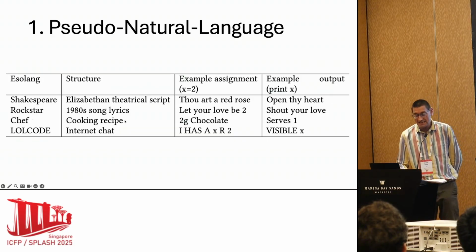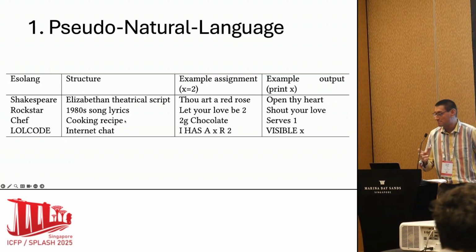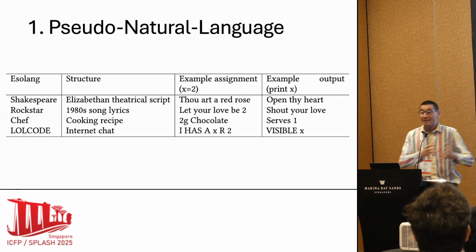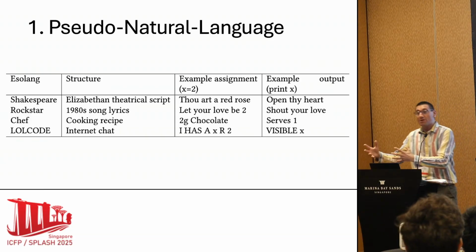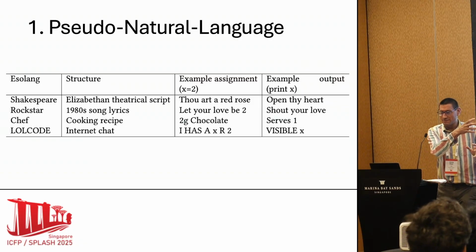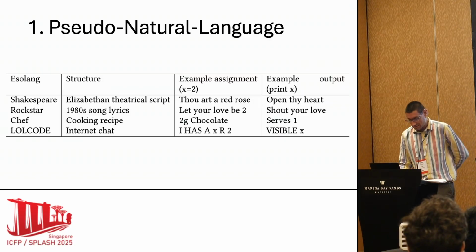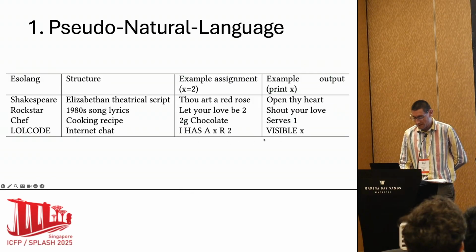And indeed, it's possible to write a program that can be executed both in your oven and on your computer. And in one case, it makes a delicious chocolate cake, and in the other case, it says something rude to you. But that's by the by. And also there's lol code, which is some kind of internet meme chat thing. And here's some examples here.